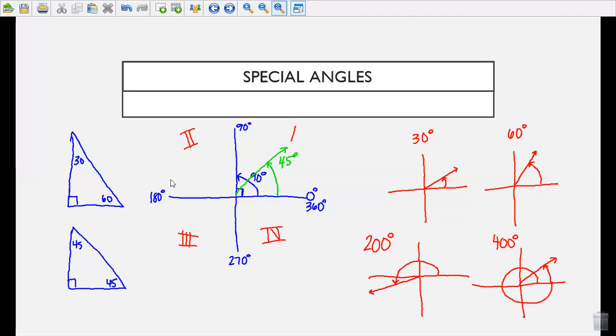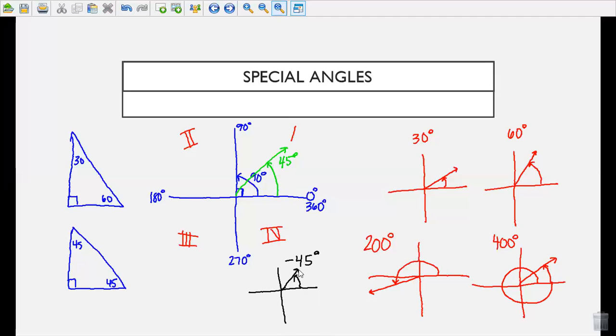We can also have negative angles, right? So I might have a negative 45 degrees. So there's my XY axis. Well, positive 45 degrees starts at 0 and goes up halfway, like we put our green line up here, right?